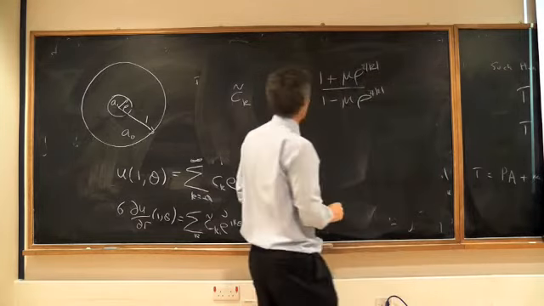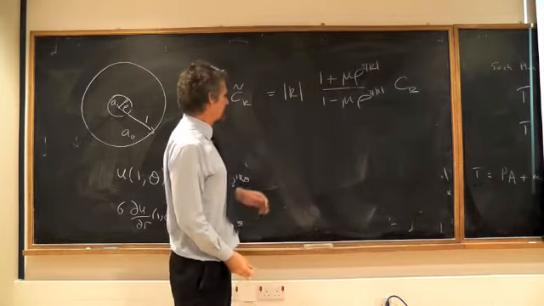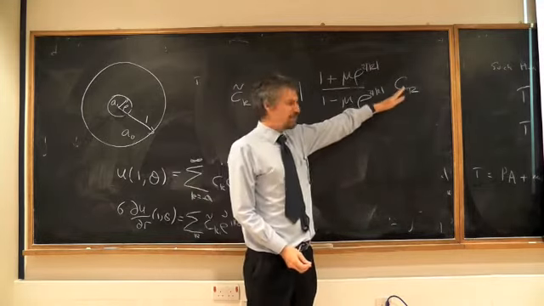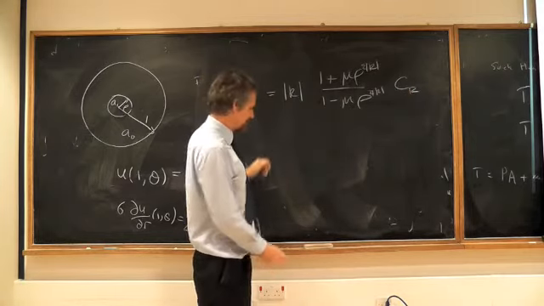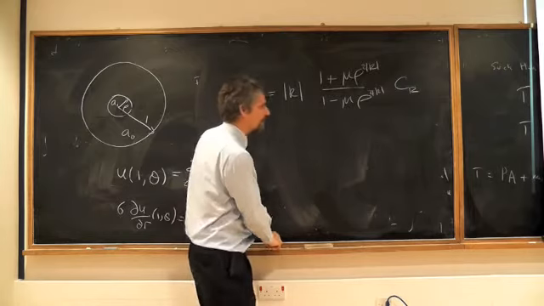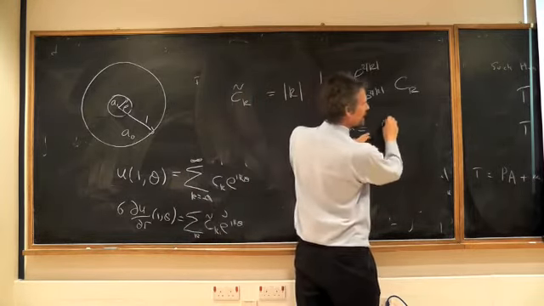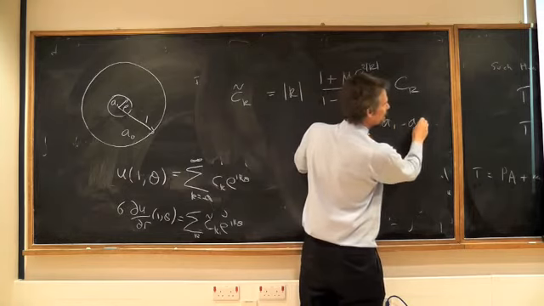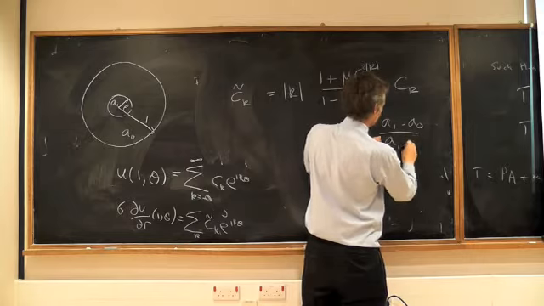Right, I don't need the e to the i k. Times c_k. So in other words, for each frequency component, the k frequency that you put in as a voltage, the current comes out like this. Let me just simplify this. I have to say what mu is. Mu is a fairly sensible kind of ratio, the difference over the sum.